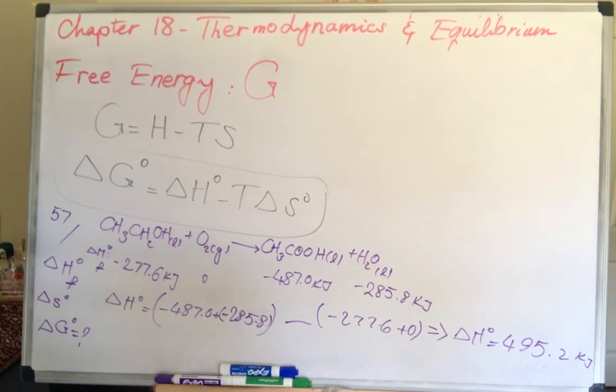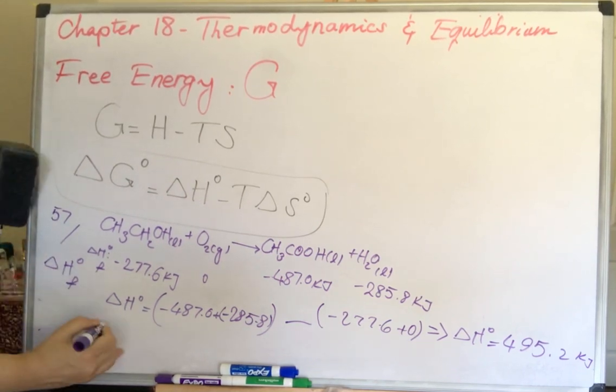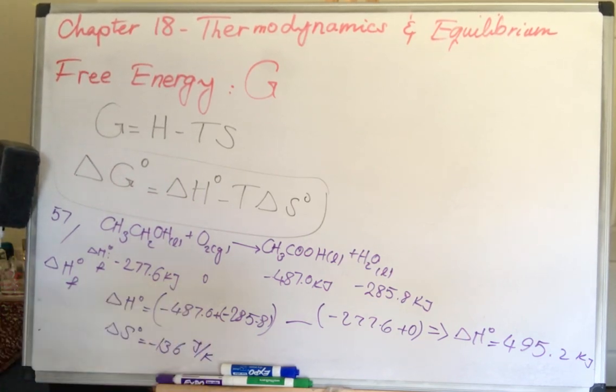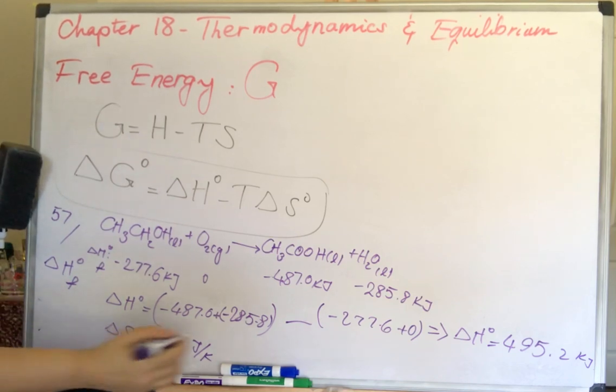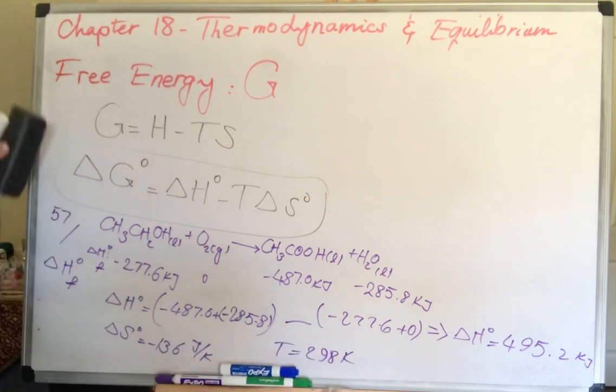Delta S standard, we found it from the last problem. It turned out to be minus 136 joules per Kelvin, and temperature is 298 Kelvin, right? So be careful.